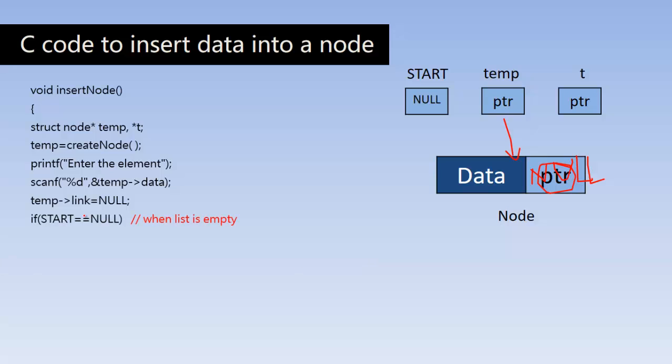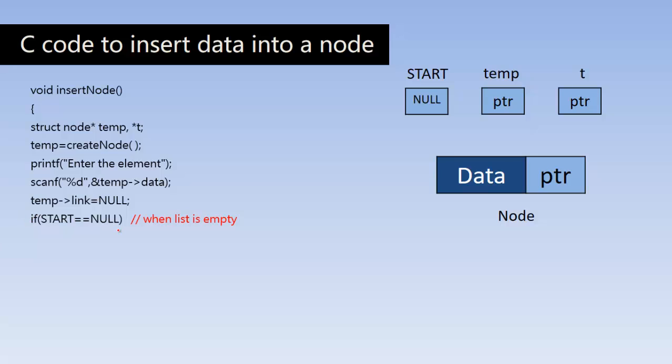Next, suppose we are defining the code for when the list is empty. If the list is empty, I mean if start is equal to NULL, this means the list is empty. We have just created this much, right? We have to store the address of the newly created node in the start variable, right?